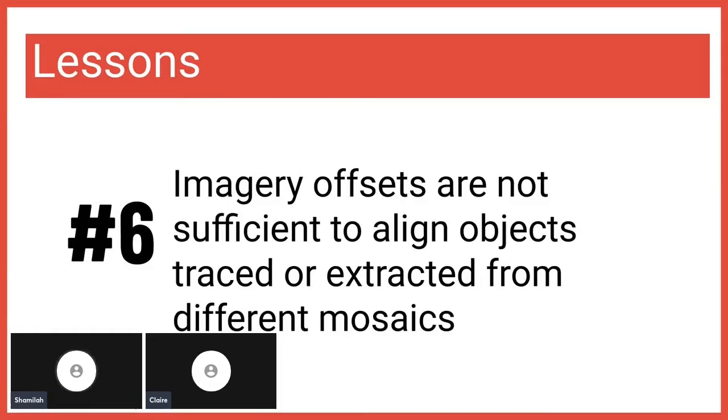Then we also noticed that the imagery offsets were usually not sufficient to align objects, because different objects are added to OpenStreetMap, maybe based on different imagery, especially for remote mapping. There's also a constant update of imagery that is available to mappers.